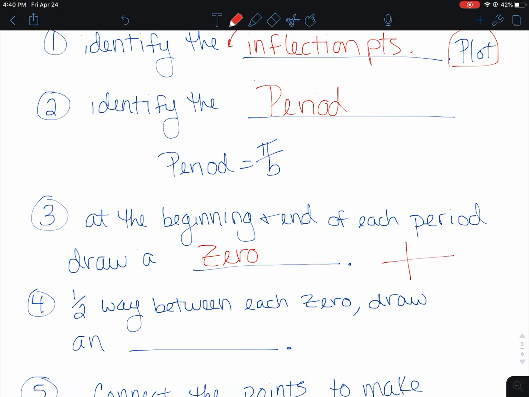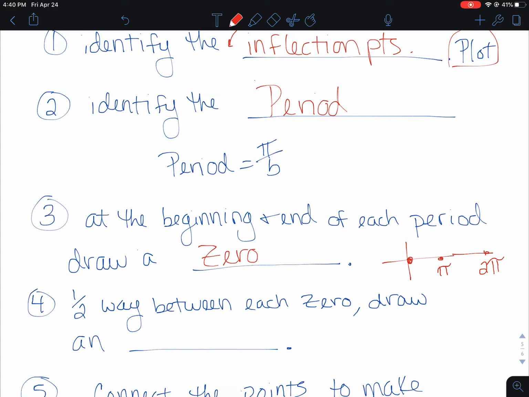So if the period is 1 pi, then we'll have a 0 at 0, and then a 0 at 1 pi, and then a 0 at 2 pi, and that would continue. So every pi spaces we would have a 0. If the period were smaller or larger, you would do it at whatever intervals that would happen at.